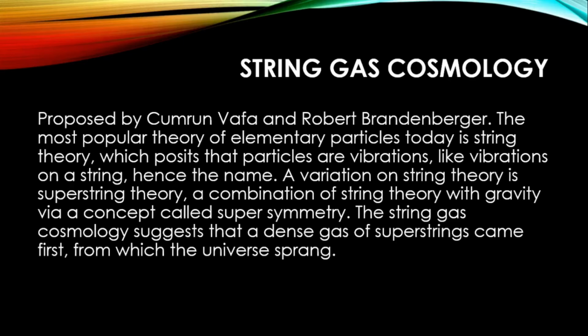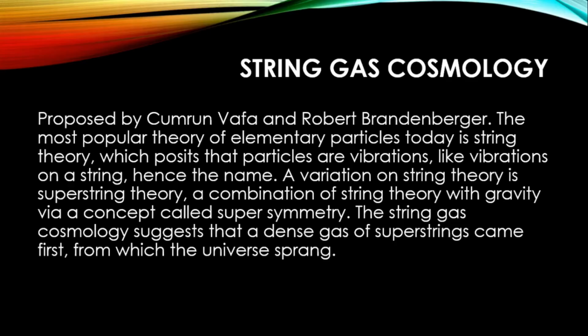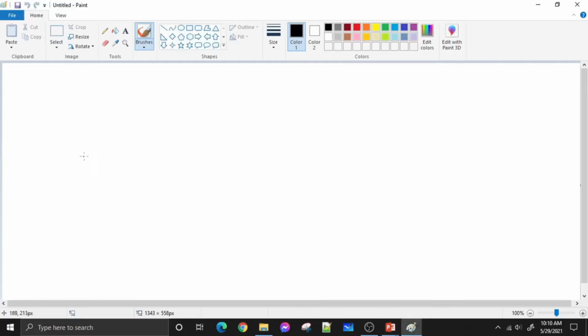So if we are going to draw the string gas cosmology, this is what it looks like. So according to Vafa and Brandenberger, a dense gas of superstring came first.